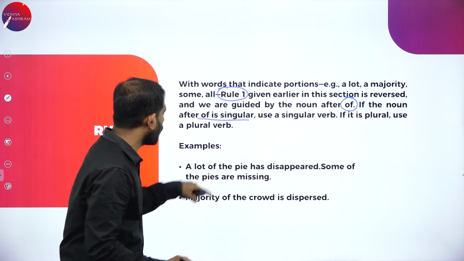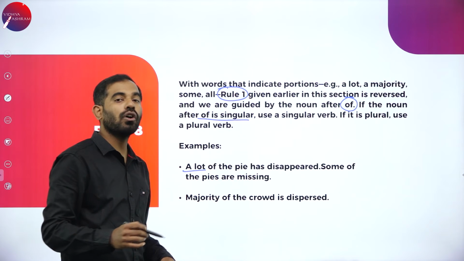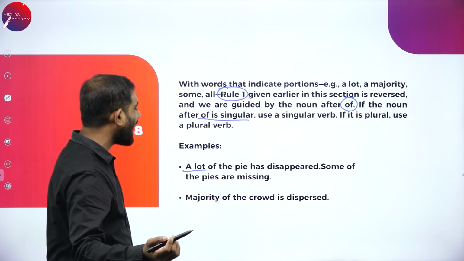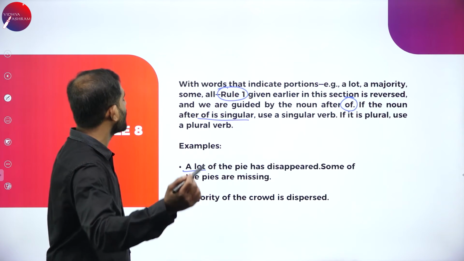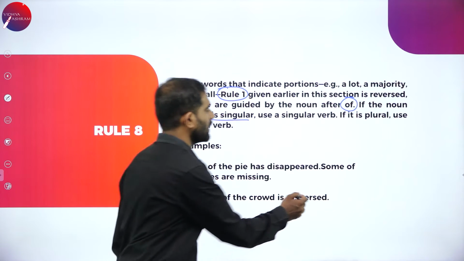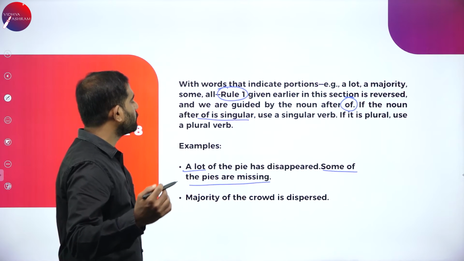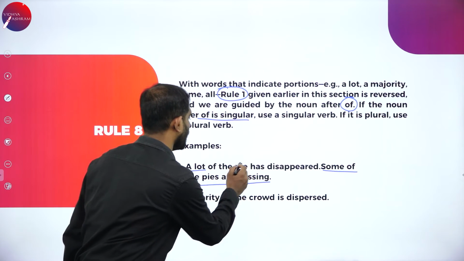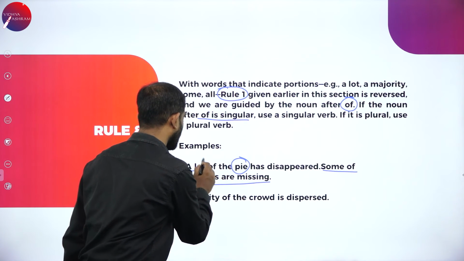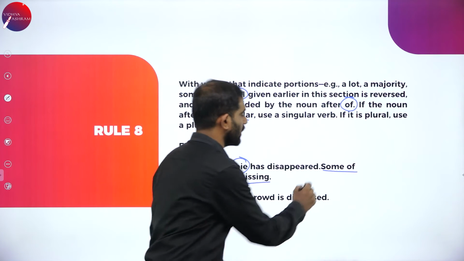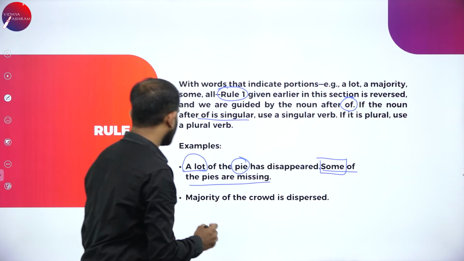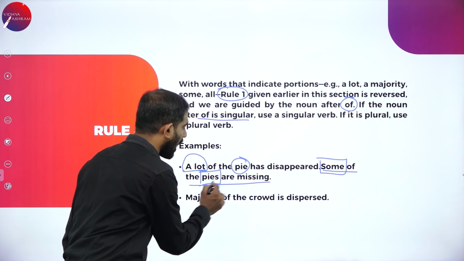Here, "A lot of the pie has disappeared." "Some of the pies are missing." Remember, there are 2 examples here. A lot of pie has disappeared. We are talking about some here: some of the pies are missing.